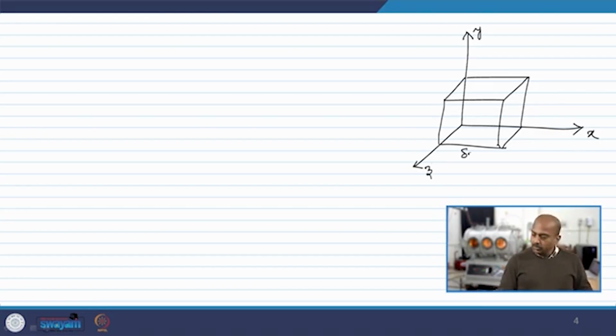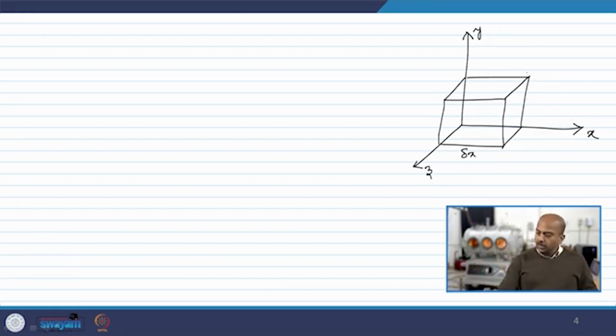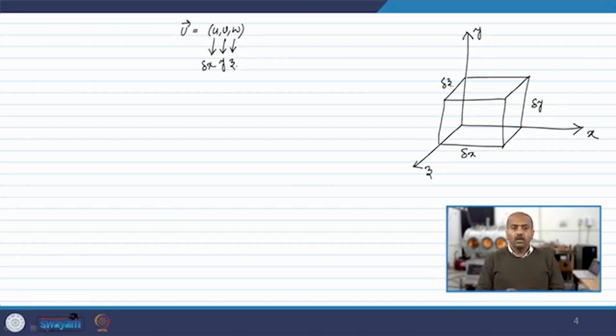So, this becomes delta x, this becomes delta y and this becomes delta z. The velocity of the fluid is in the components of u, v, w. The u component is along x, the v component is along y, and the w component is along z. So, this control volume is now kept in the fluid and the fluid is going in and out of this control volume along the sides of this control volume.